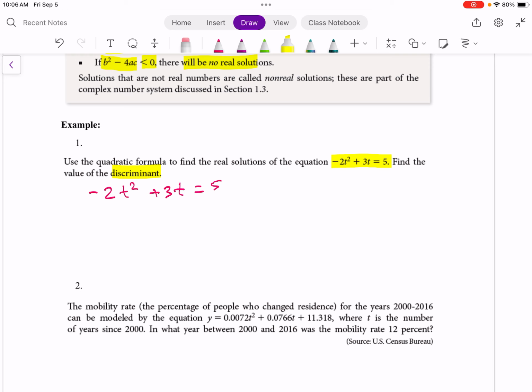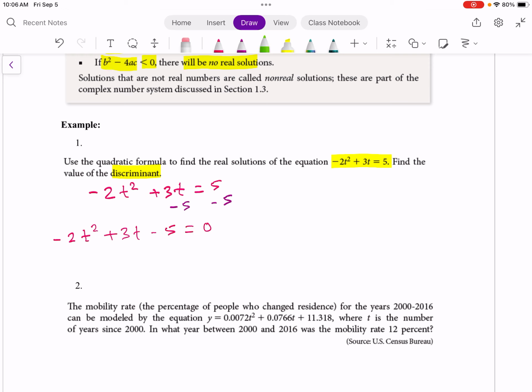For that, we need to know what a, b, and c are. In order to find their values, we have to rewrite our quadratic equation in standard form. So let's make 0 on the right side by subtracting 5 on both sides. This is negative 2t squared plus 3t minus 5 equals 0.